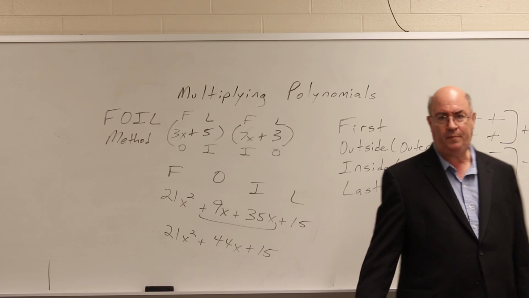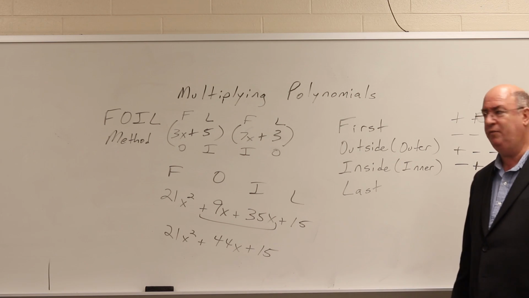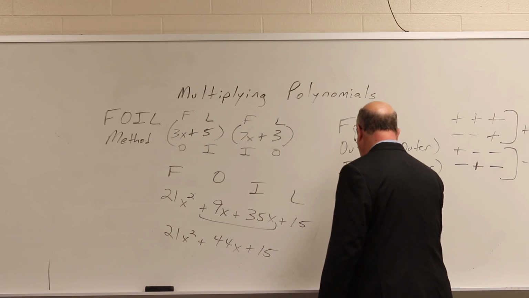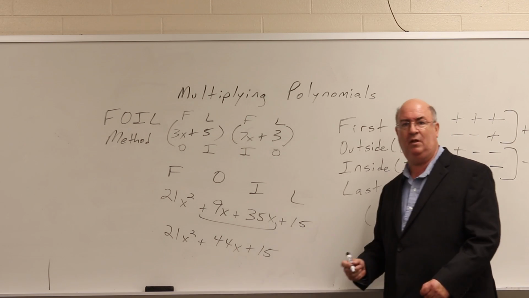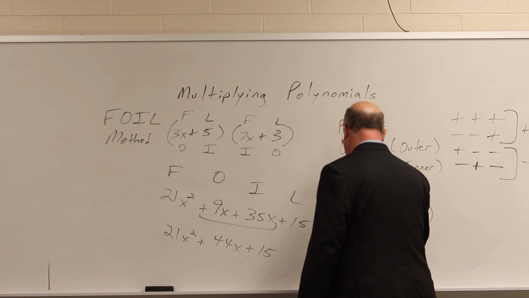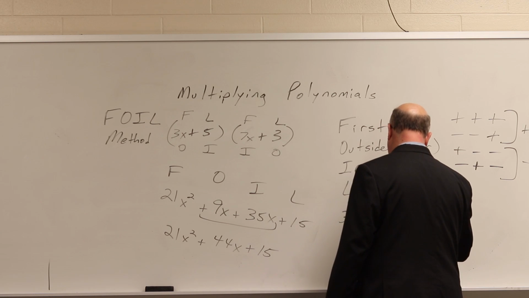Very good. Nice and easy, right? FOIL method. We already know the distributive rule. Let's just roll through that again, just for practice. We'll put something that has a bunch of exponents on it. So let's make it 3x to the 6th times 4x squared plus 3x.